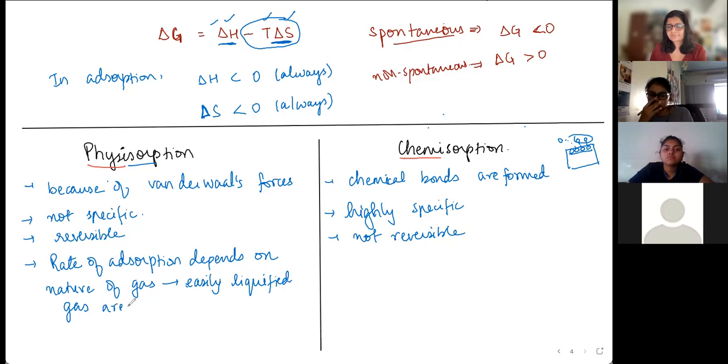Ma'am, the rate would be inversely proportional. If it's a gas which can be, wait, let me think. Think of why certain gases are easily liquefiable. What comes into picture when a gas is being converted to liquid, and what is the connection with adsorption?